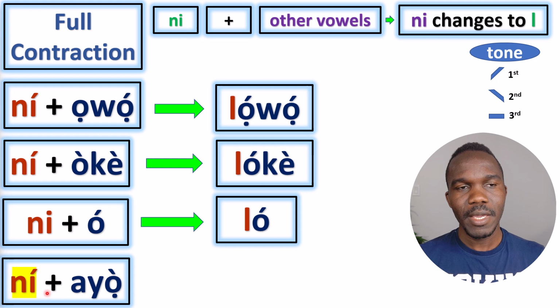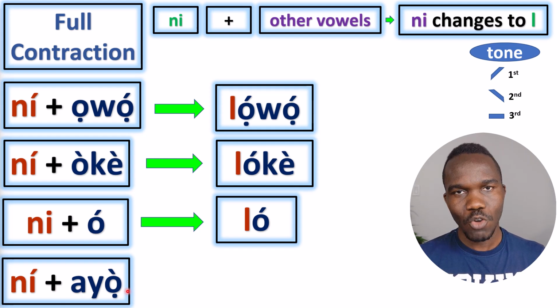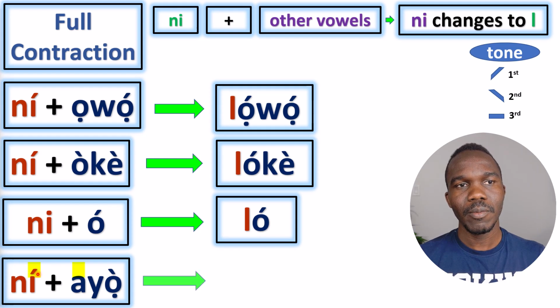This one is mi. Ni. Re do. Ayo. Ni ayo. Okay? So if you look at it, ni turns to what? L. And we look at the tone as well. Tone is what? Mi and what? Re. That's what? Mi is the highly ranked one.